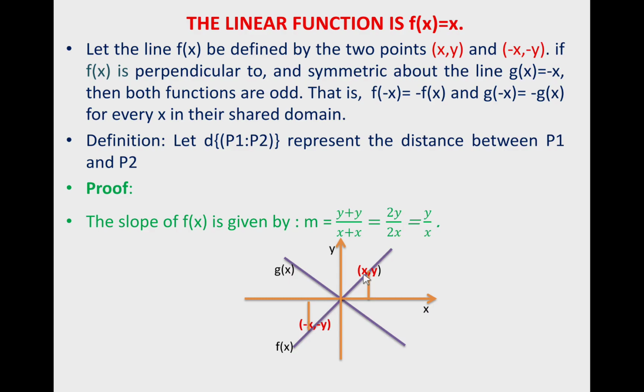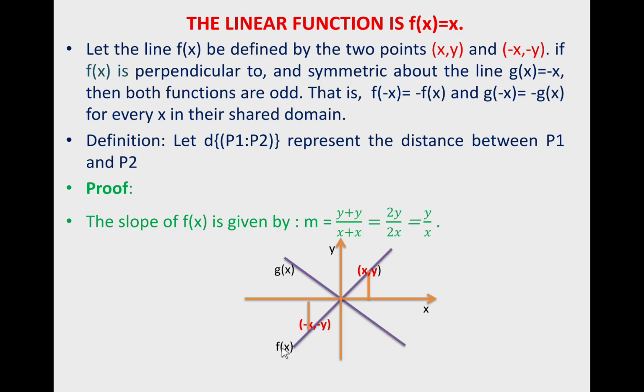In the end, any move along this line f of x in the first quarter will be matched by a move in the third quarter by negative x negative y, and in the end both will be equidistant from g of x. So that is the proof that g of x will bisect f of x into two symmetric halves. And if that is the case, then the function f of x is indeed an odd function.